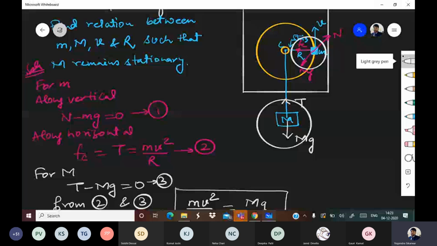Tension at another end is helping small m to move on circular path. Same tension is playing two roles at two places. At one place, it is holding capital Mg, and at another place it is making sure that small m is moving on circular path. All right.